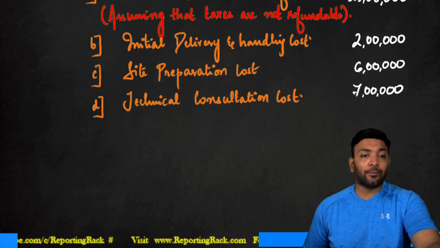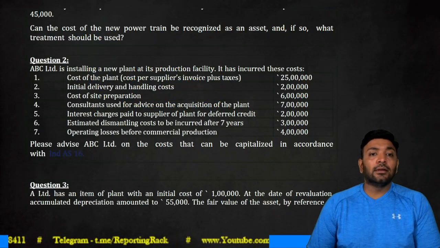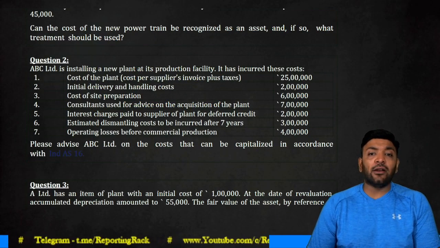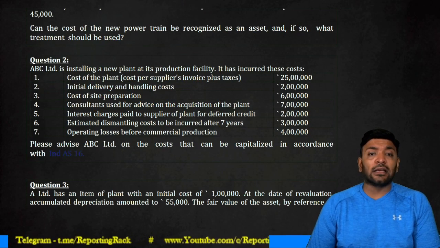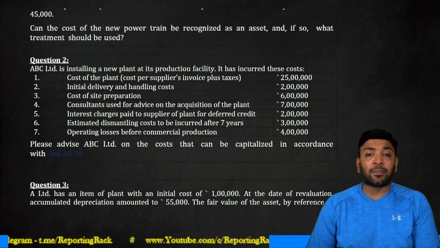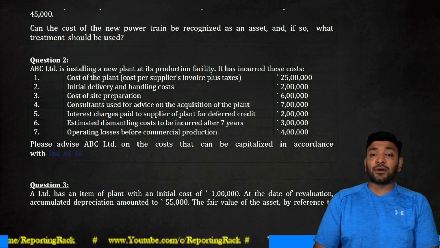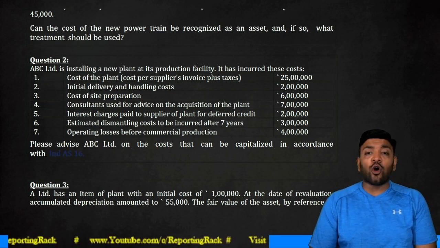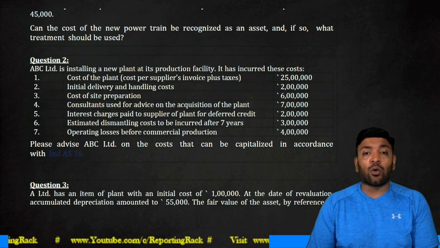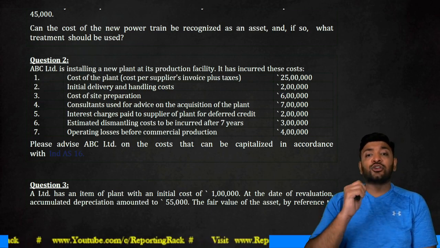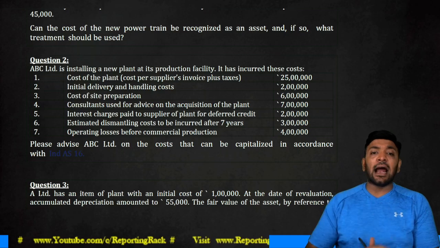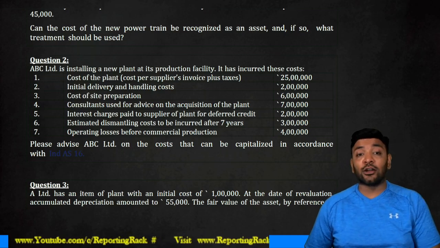What about the next one? Interest charged by the supplier for deferred credit, 2 lakhs. I will only include it as per Ind AS 23. Since I have no idea whether this asset is a qualifying asset or not, let us assume that it is not a qualifying asset and these costs shall not be included into the cost of the asset.